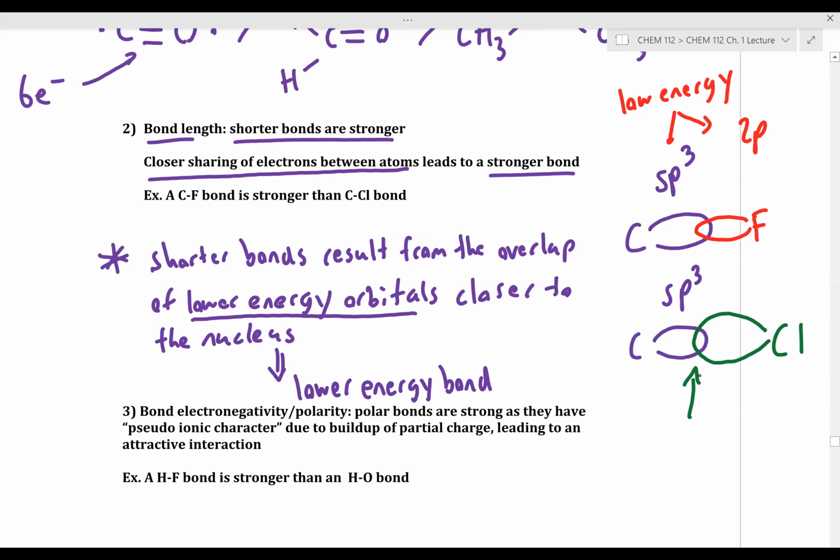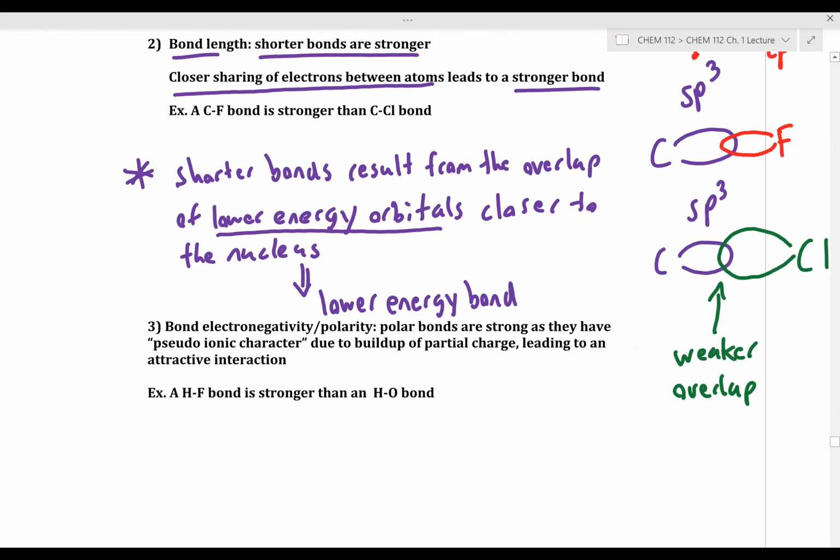Are we going to end up as strong of an overlap between our two orbitals and as strong of a sharing of electrons between our two atoms if chlorine has its orbital just stretched out so far away from its nucleus? No. So this is a weaker overlap. And because we're using orbitals farther from the nucleus, this is a longer bond.